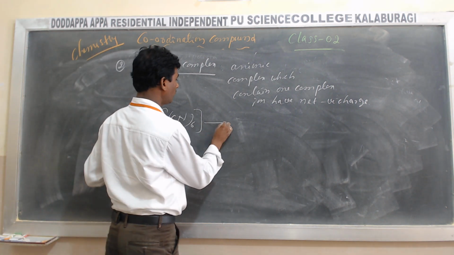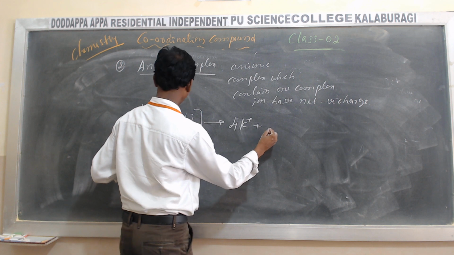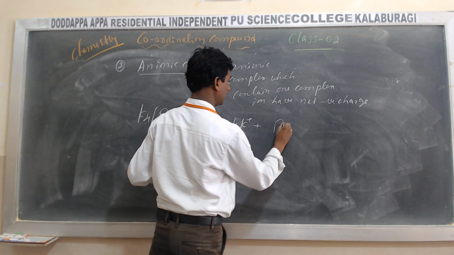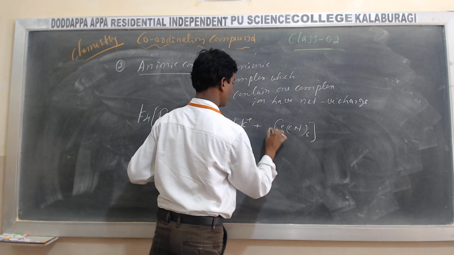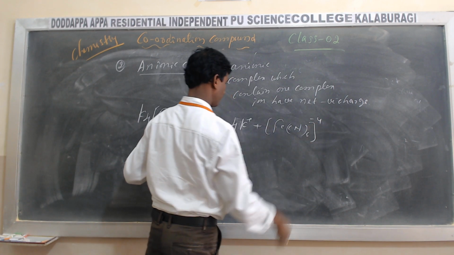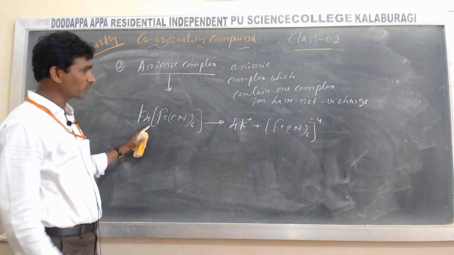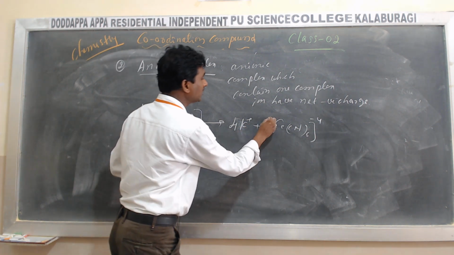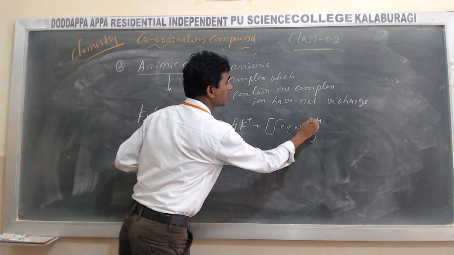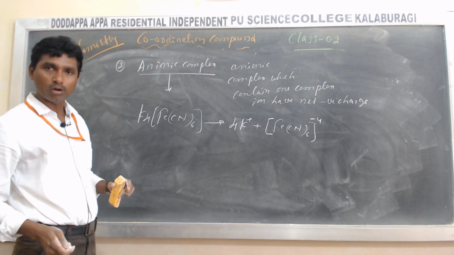Now it dissociates to give 4K plus and [Fe(CN)6] minus 4. See here, K4[Fe(CN)6] is an anionic complex. Why is it called an anionic complex? Because it contains one complex ion having a negative charge, that's why it is called an anionic complex.